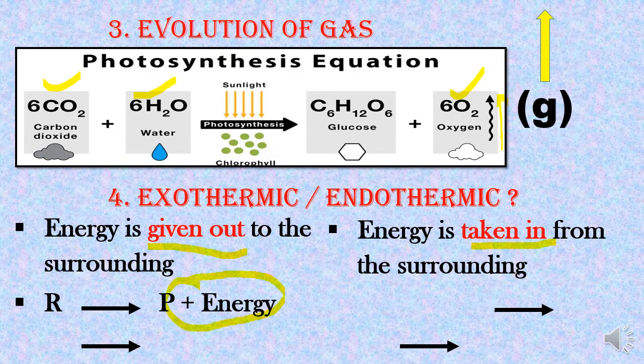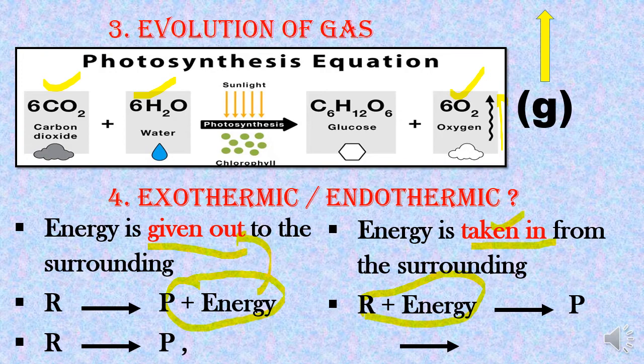Why? Because energy is given out along with the product. Again, an endothermic reaction is represented like this: reactant plus energy. Why? Because energy is taken in from the surroundings with the reactants so as to form the product.